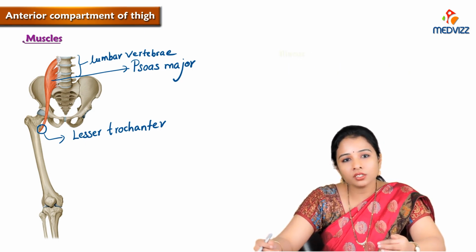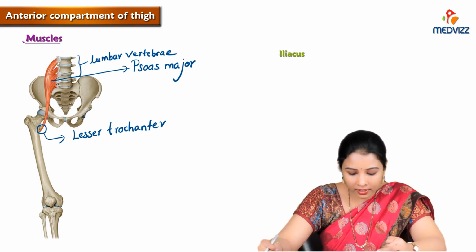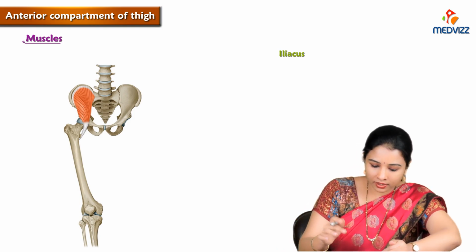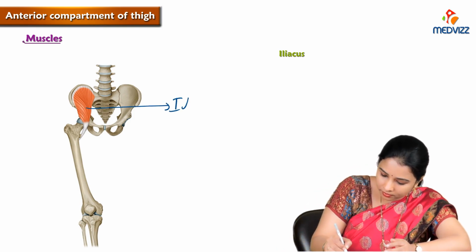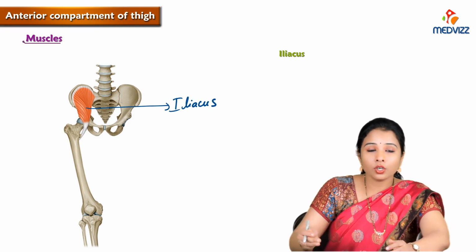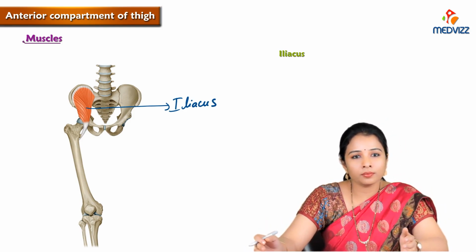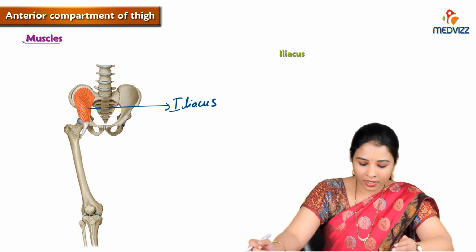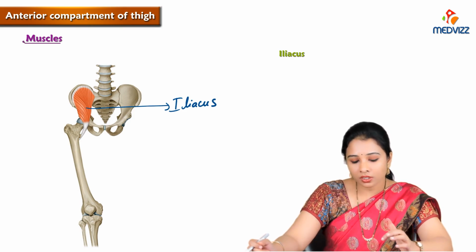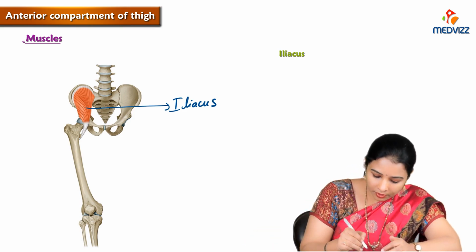Along with the psoas major, there is one more muscle called iliacus. This is the iliacus muscle, which is also seen in the floor of the femoral triangle. The anterior upper medial 1/3 of the thigh is formed by the femoral triangle. So iliacus and psoas major form the floor of the femoral triangle.